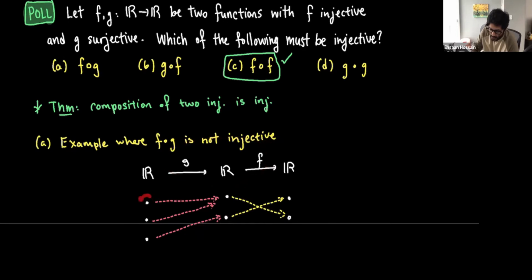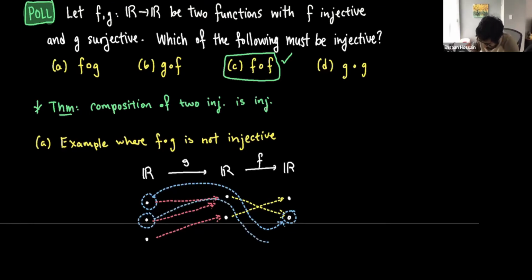f∘g is going to send this point here to this point here, right? f∘g is going to send this point to this point. And it's also going to send the second point to the same place, right? So here's an example where f∘g is not injective.